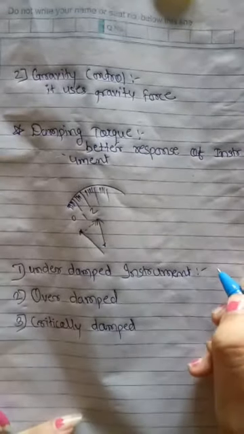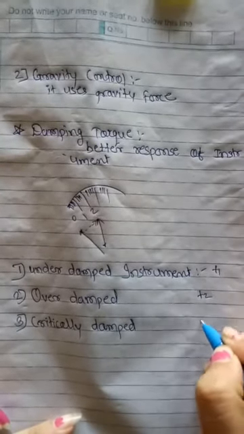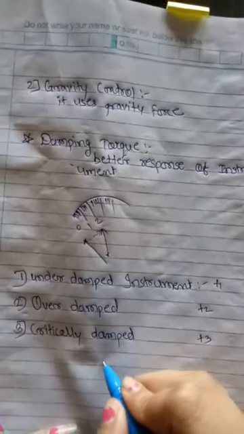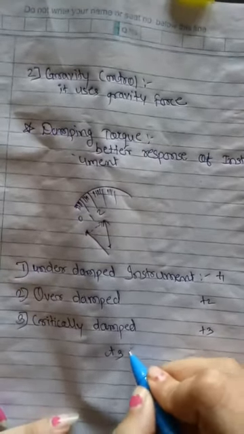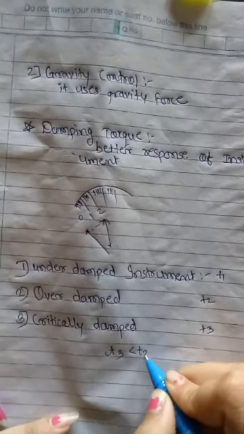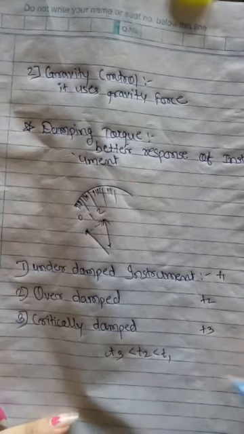The pointer reaches the final steady state position in the least time, very fast. The instrument is said to be critically damped. Here we require T1, here T2, and here T3. Hence we can say T3 is less than T2 is less than T1.